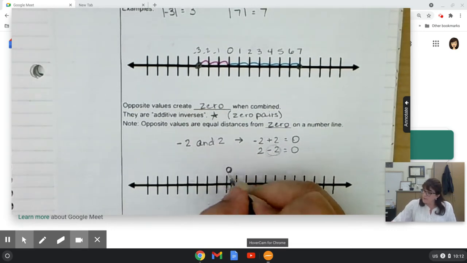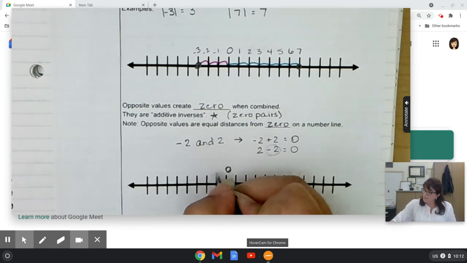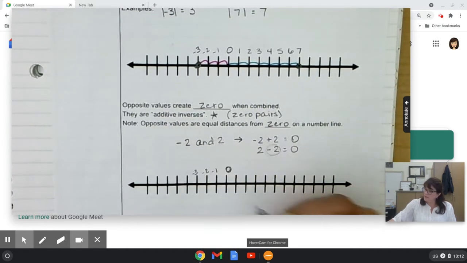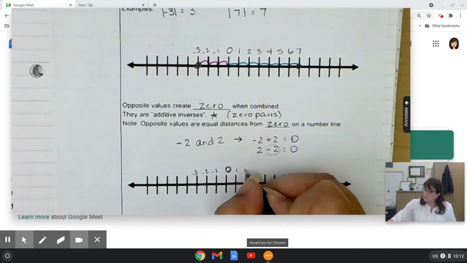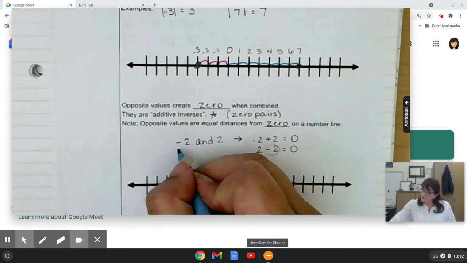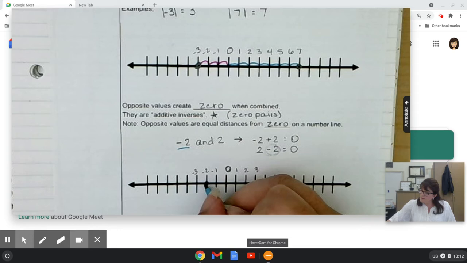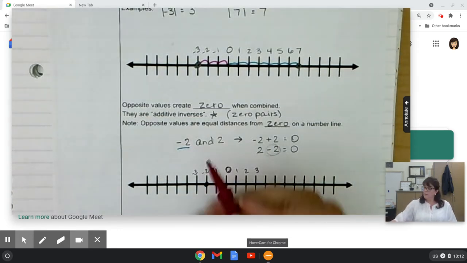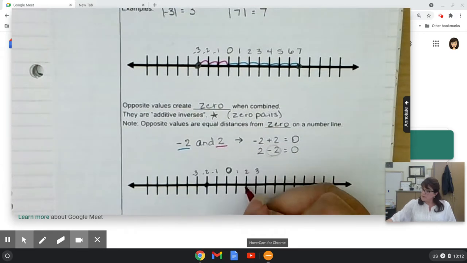Here's 0 on our number line. -1, -2, -3, 1, 2, 3, and we could keep going, but we don't need to. Notice -2 is right here. 2 is right here.